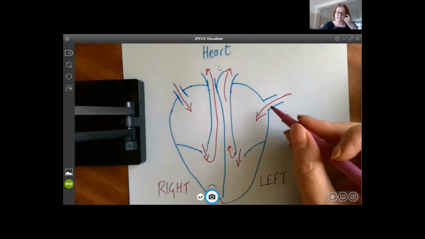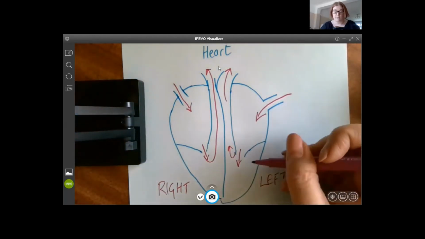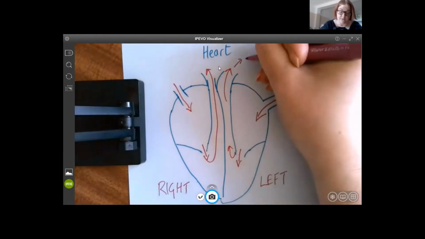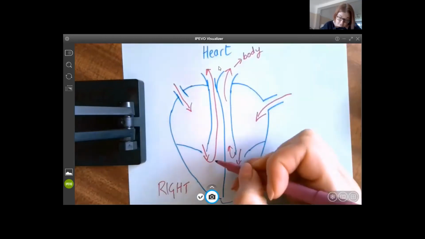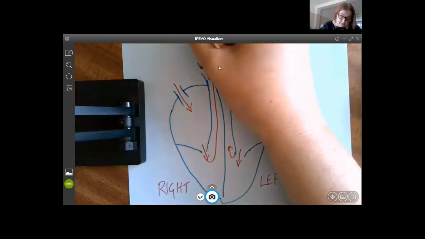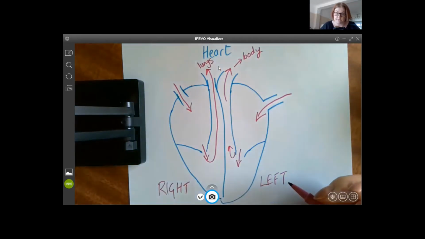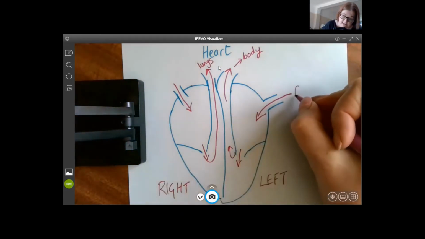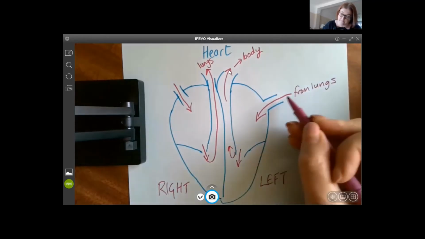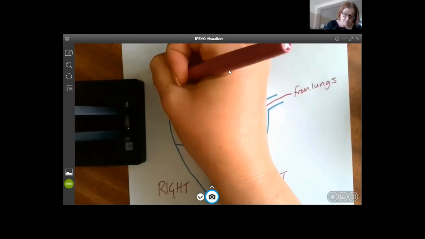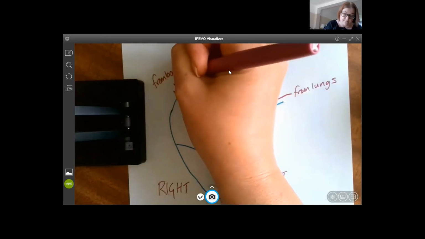So this left side of the heart, this blood is headed off to the body. And the right side of the heart, this blood is headed off to the lungs. This side, it's come from the lungs into here. And this one, it's come from the body.